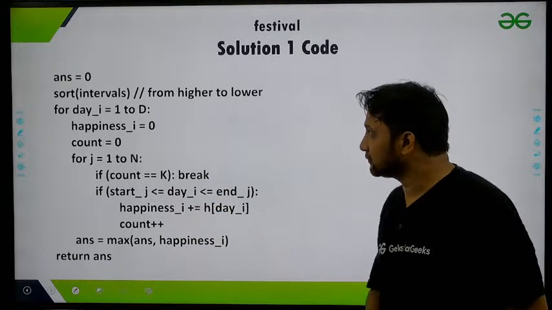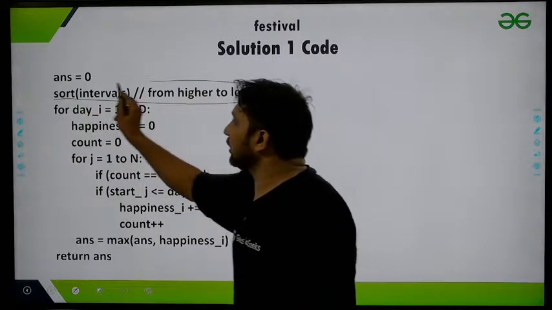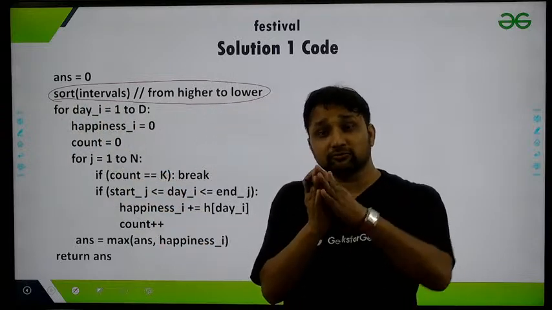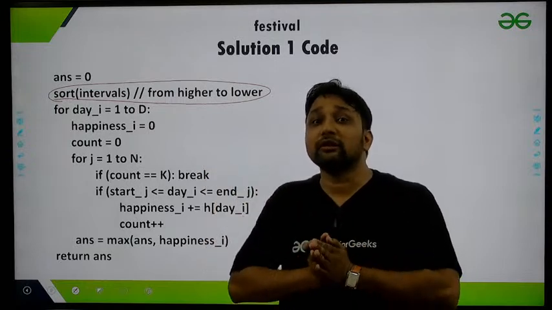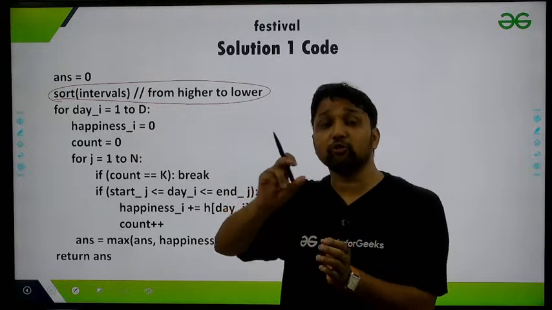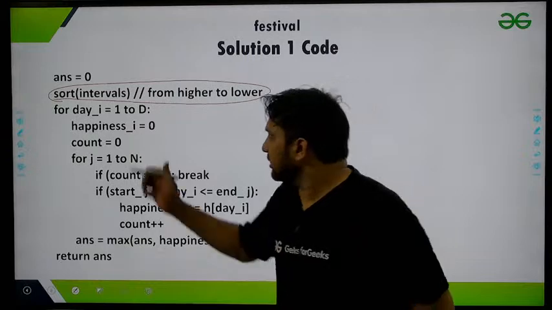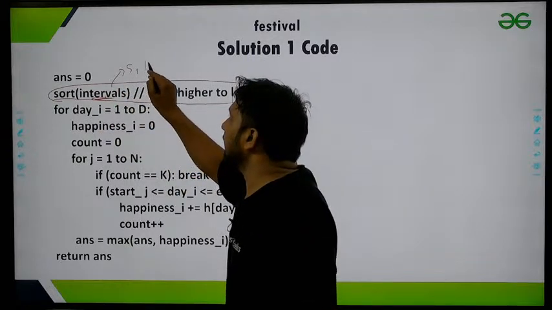First, you were sorting the intervals, interval meaning starting day to ending day. You were sorting the rides according to their happiness. The interval talks about the starting day and ending day.